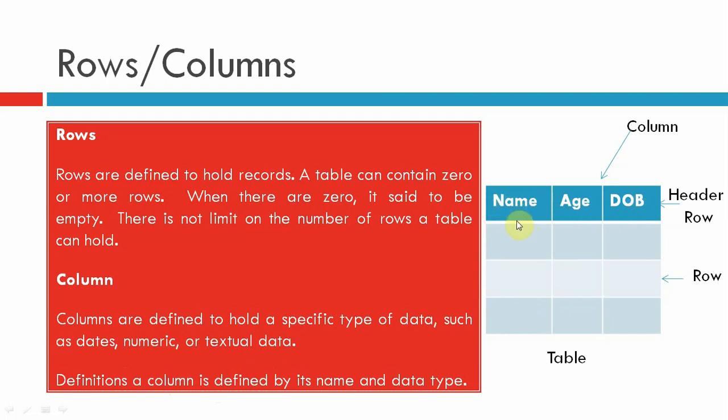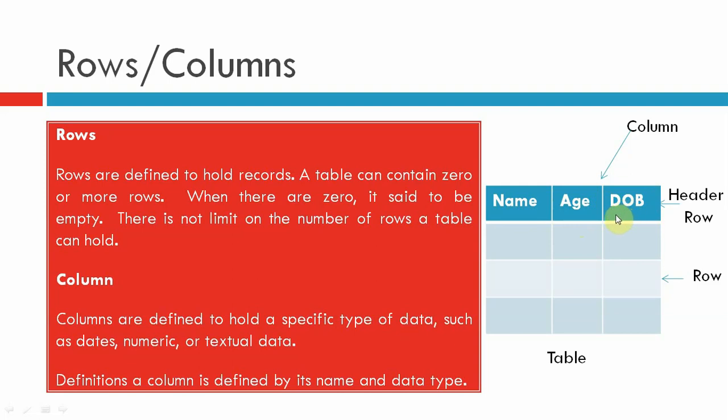And what will be the data type? Name is always text, so its data type will be text. Age is always a number, so its data type will be number or integer. And date of birth will always be stored in date format. So for a single column we have to define two things, the name or identity, and the data type of that column.